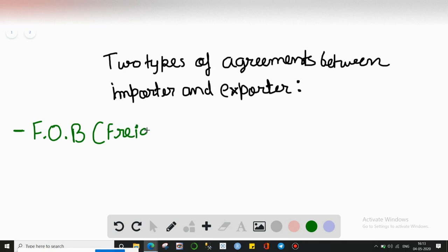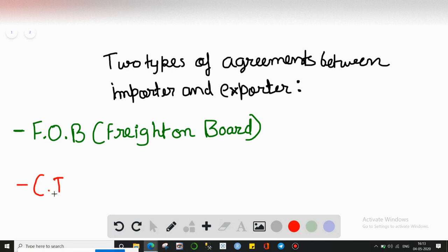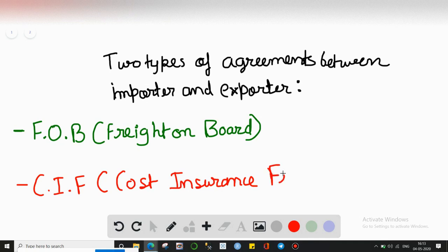The first one is freight on board, we can say FOB. And in second case we have CIF. It's cost, insurance, and freight.